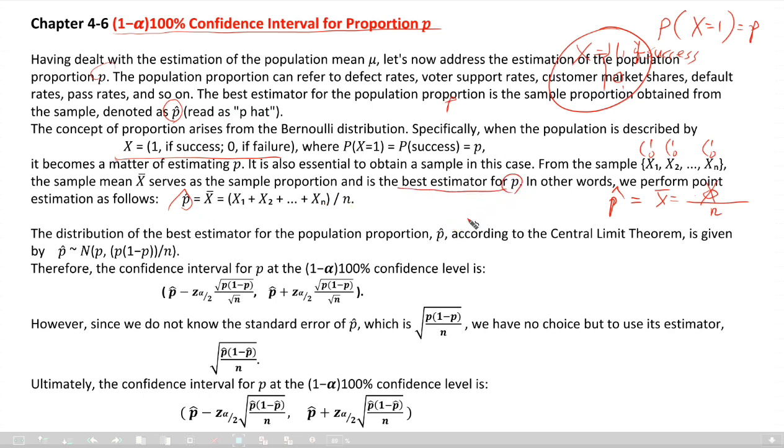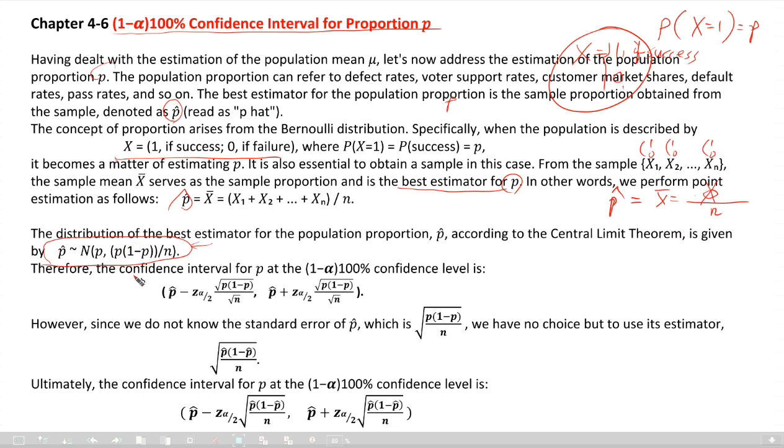We studied the distribution of the best estimator p hat. According to the central limit theorem, p hat has a normal distribution with mean p and variance p times 1 minus p over n. We also studied it in chapter 3.